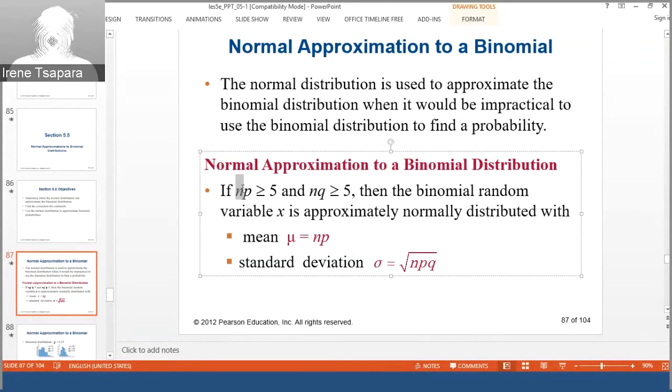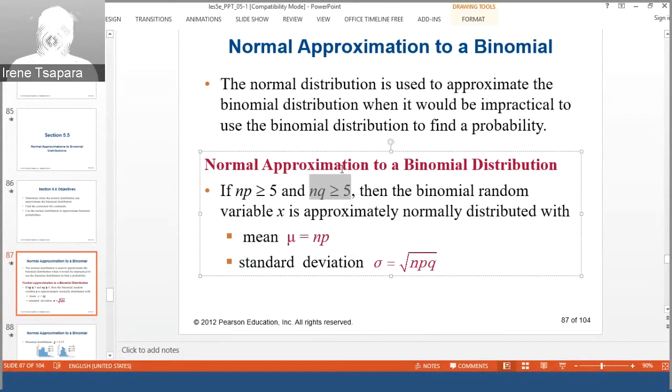Remember, n is the number of trials, p is the probability of success for the binomial distribution. So if n times p is greater than 5 and n times q is greater than 5, then you can approximate with the normal distribution. These conditions are very important.